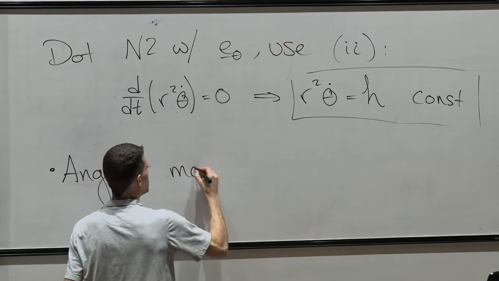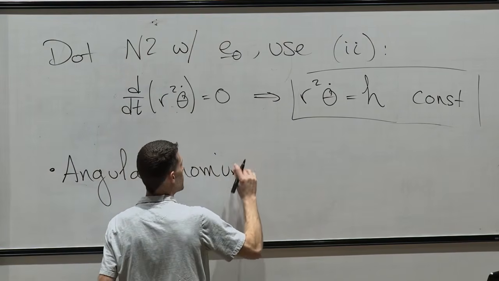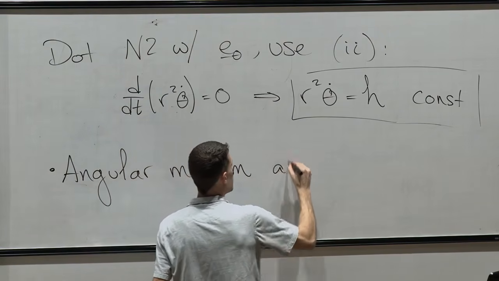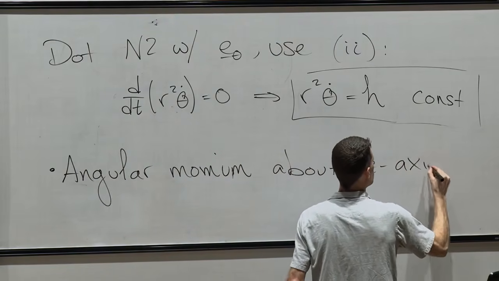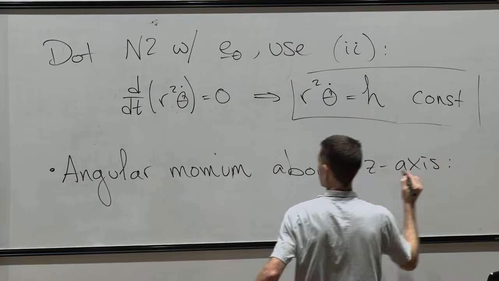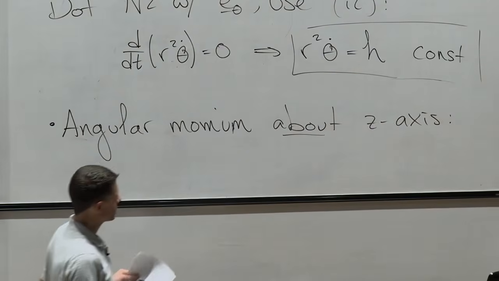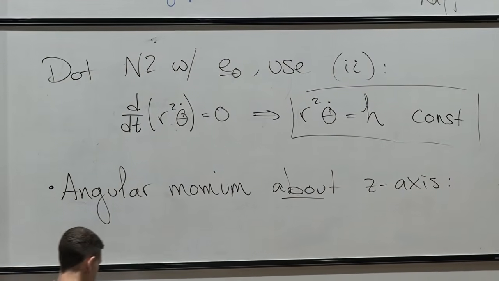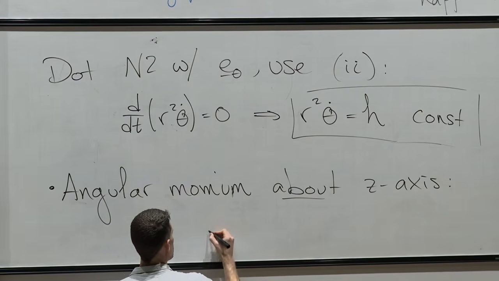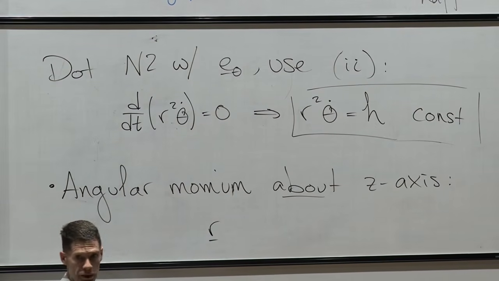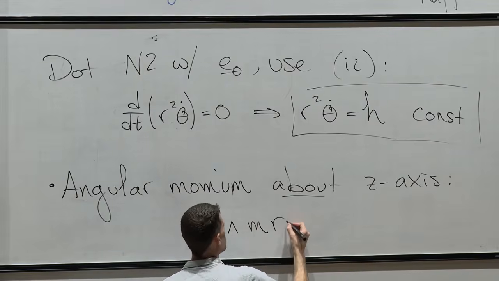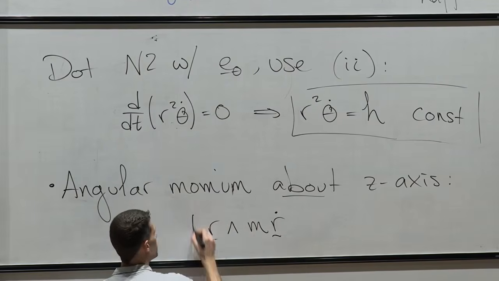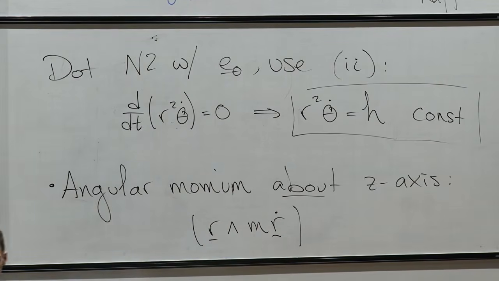About the origin, so angular momentum L0 is r cross m r dot, right?